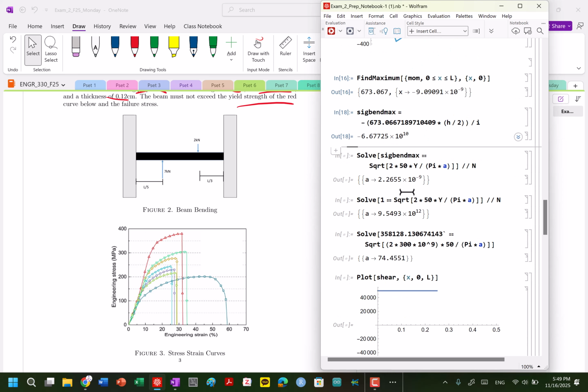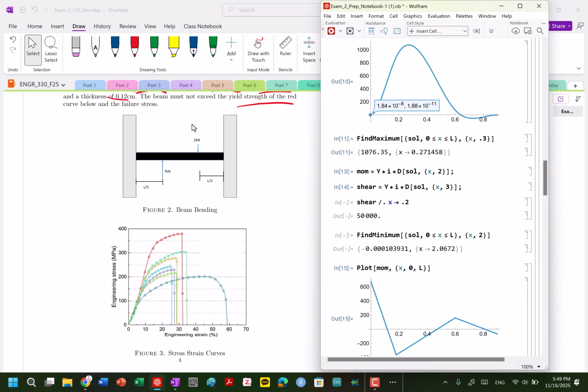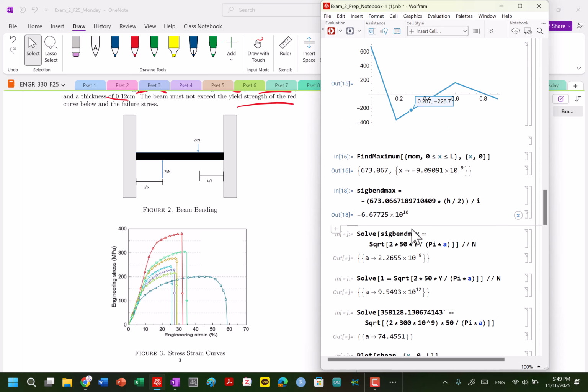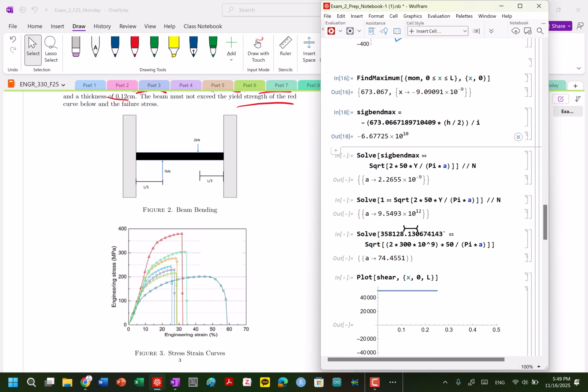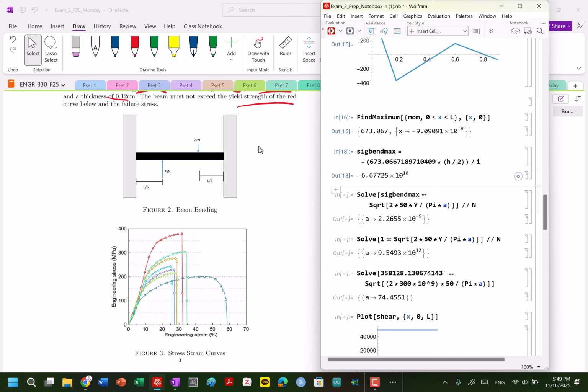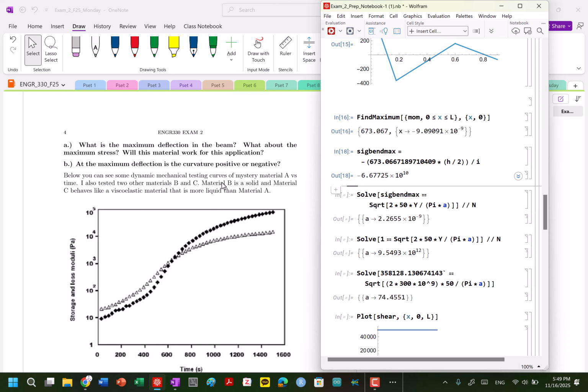Because our largest value is right here, and if we're going to the top of the beam, the top of the beam is under compression, makes sense. So that's gigapascals, that's hundreds of, actually it's a little close, 100 megapascals. No, it's not that close. So it's not going to work. It failed. It exceeds both the yield stress and the failure stress. So it will not work for the maximum.